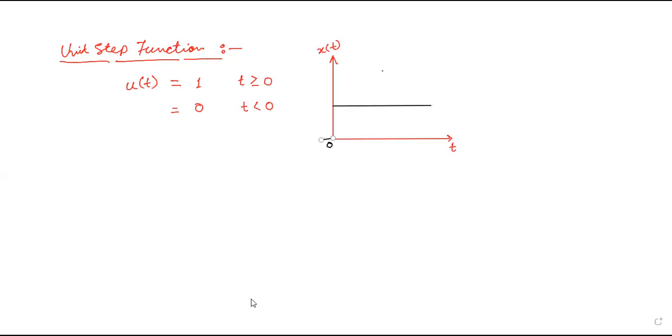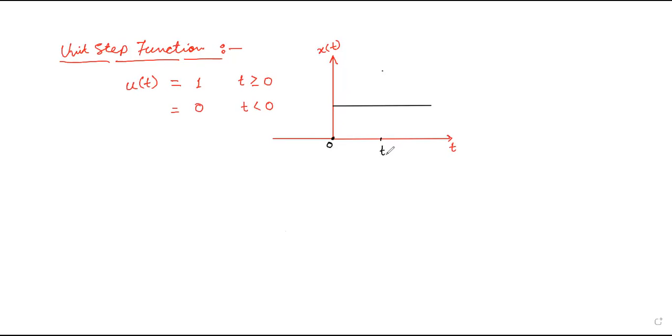Okay, so from this graph, what you can observe? Here you can see that at t is equal to 0, what is the value, or what is the amplitude of the signal? 1. 1.